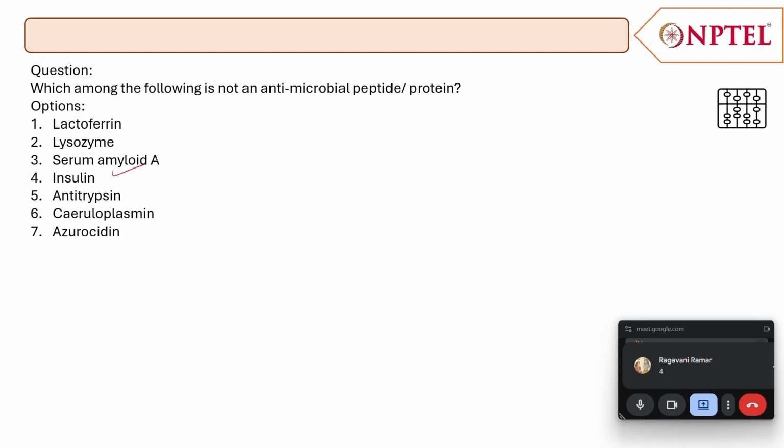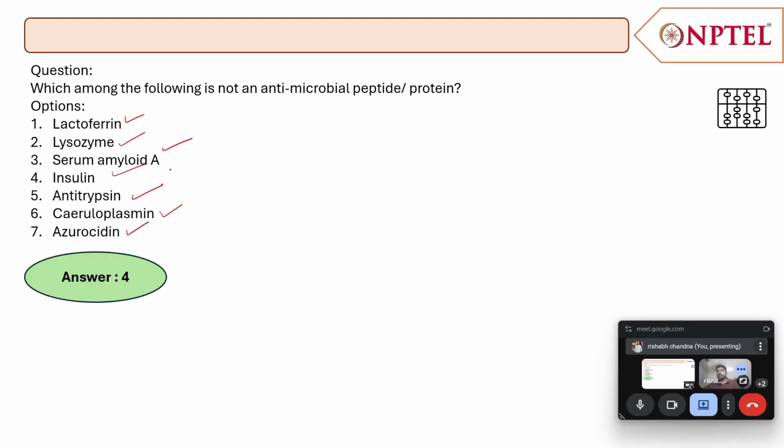Okay, so lactoferrin, lysozyme, serum amyloid A, antitrypsin, ceruloplasmin, and azurocidin. These are all antimicrobial peptides or proteins, but insulin is not an antimicrobial peptide or protein.